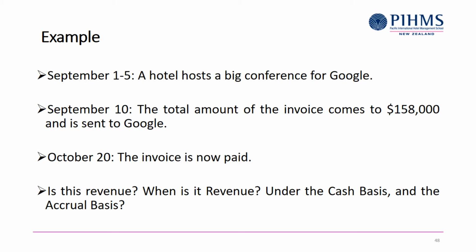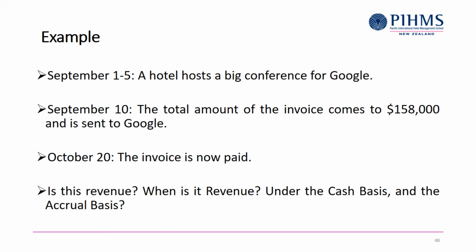So now, when we're talking about business to business, there's a bit of a time lag of getting paid, and it's very common for bills to be paid the 20th of the following month, and that's what happens. So, the 20th of the following month, the invoice is now paid by Google.